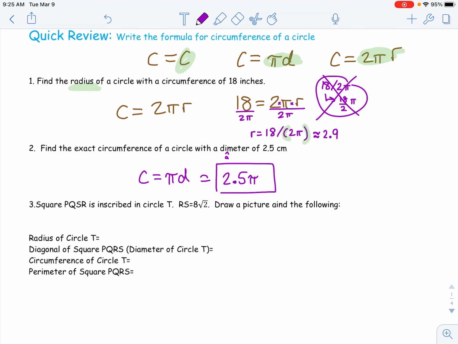And then we got this one right here. Square PQRS is inscribed in a circle T. So we got a circle and we got a square inside the circle. Let me see how good I can do this. Not horrible, but not my best work.